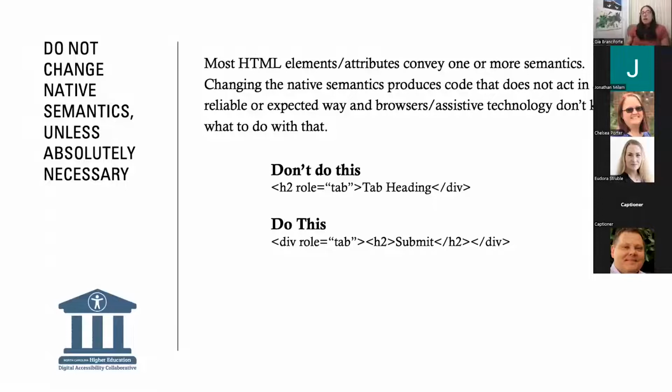If you're working on, let's say, a theme in WordPress or an older website that was built before HTML5, you might have divs with roles all over the place. Like, you might have a very div heavy situation where your developer used classes to create this kind of meaning and did that through styles rather than through semantics.